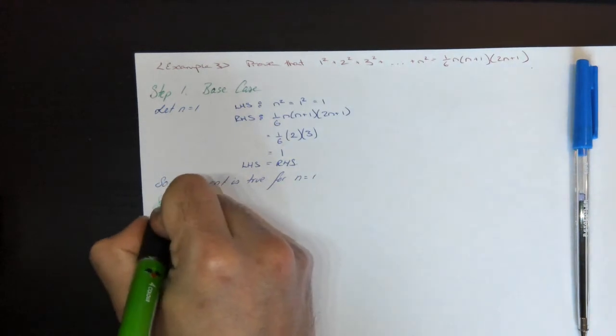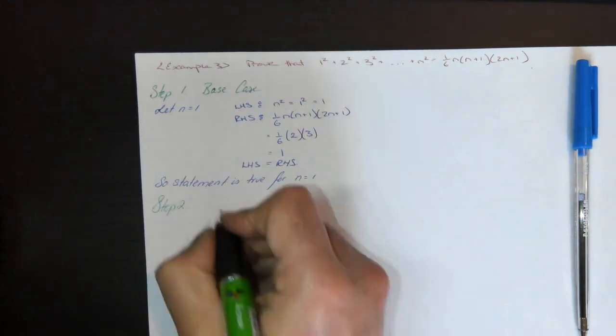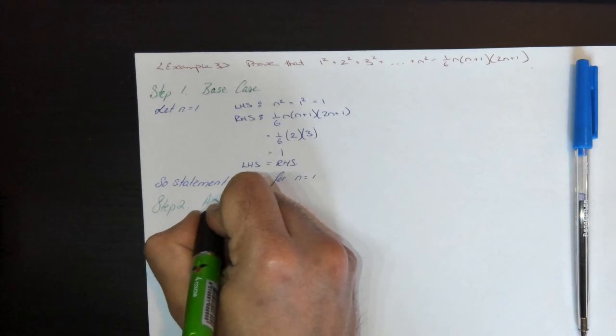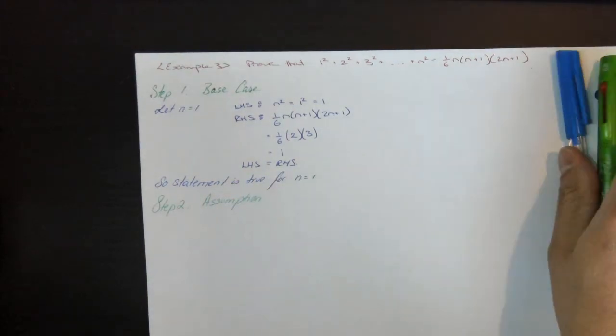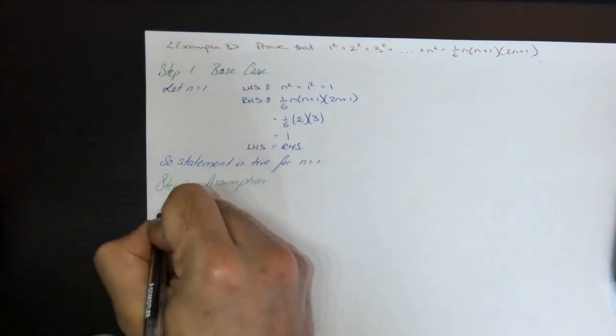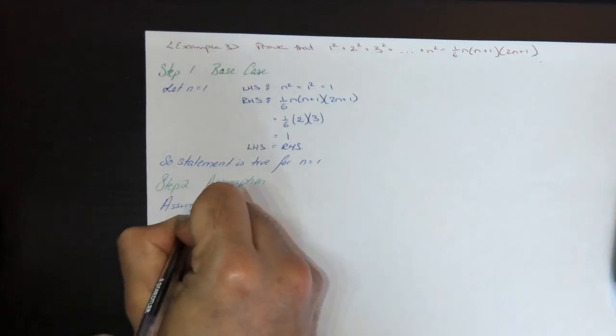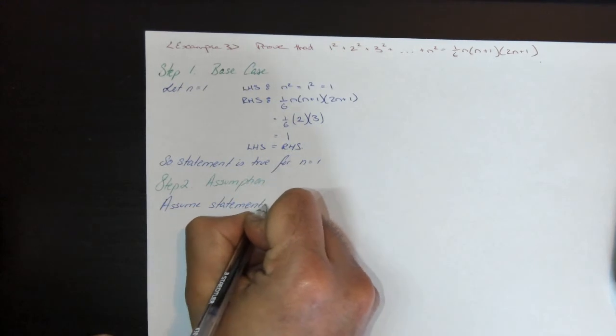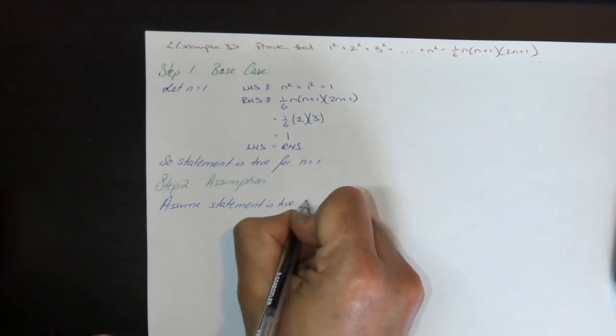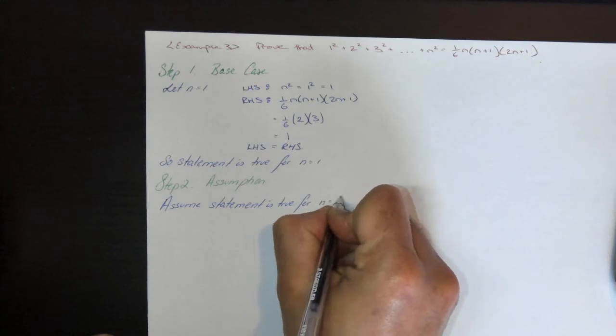Okay, step 2. We want to make the assumption. So assume the statement is true for n equal to k.